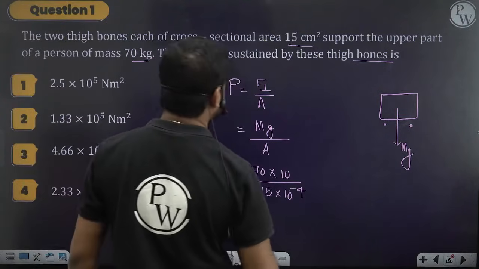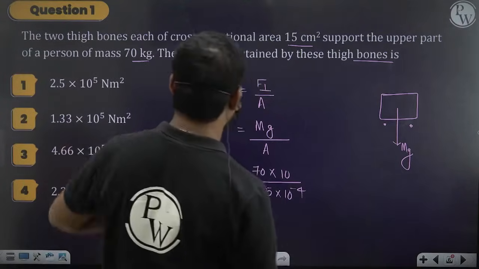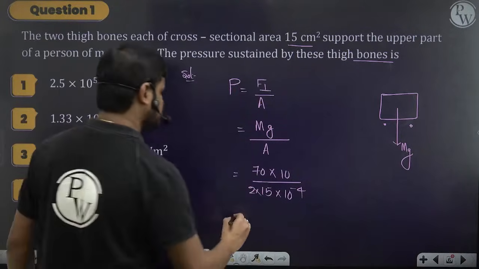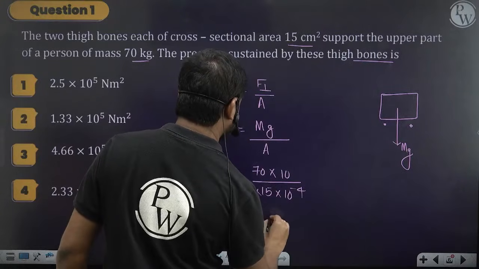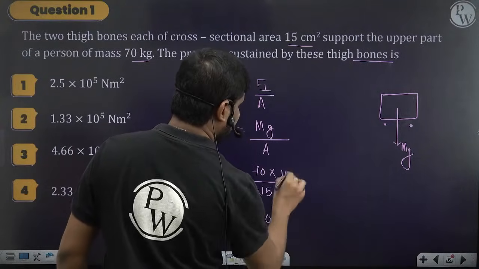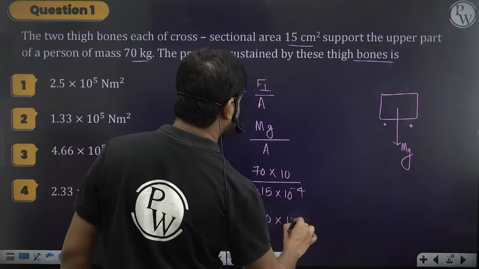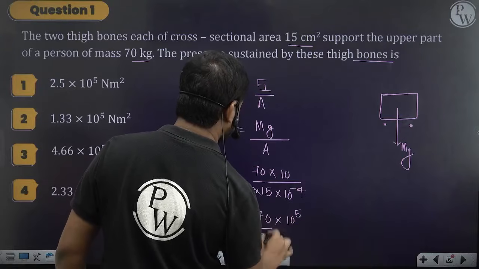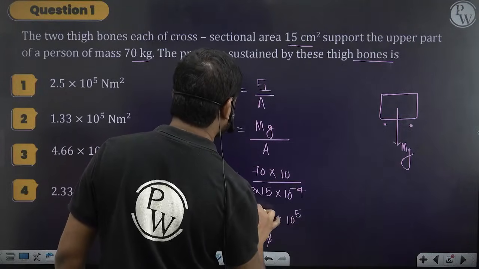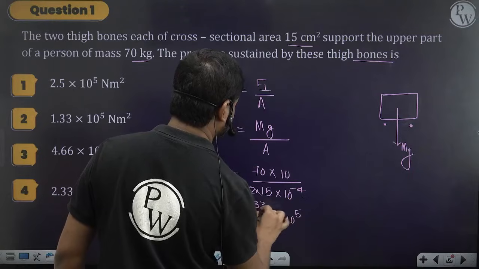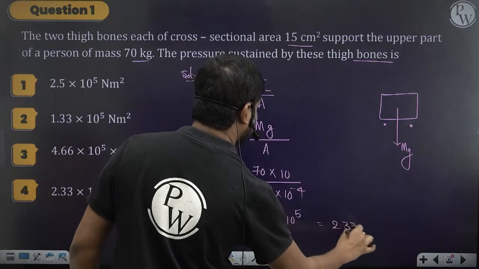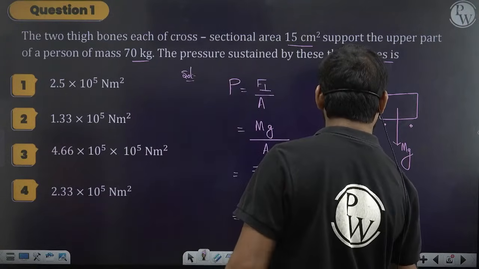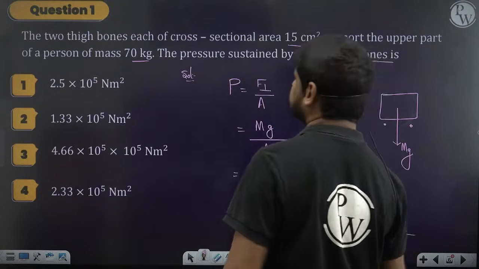Done. We have two thigh bones, each with cross-sectional area 15, so I write 2 into 15. Then I get 70 into 10 to the power 4 times 10, which will be 10 to the power 5, divided by 30. The zeros cancel, and we get 2.33 into 10 to the power 5 Newton per meter square.